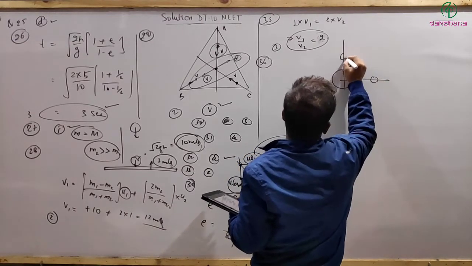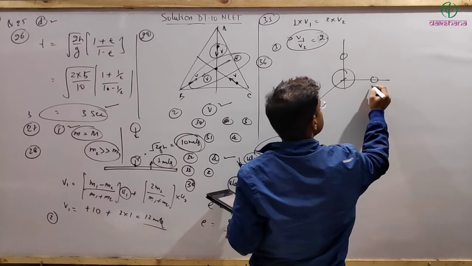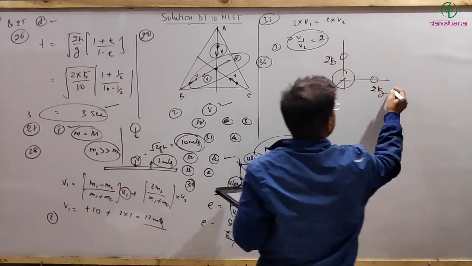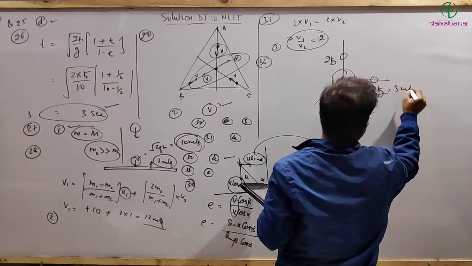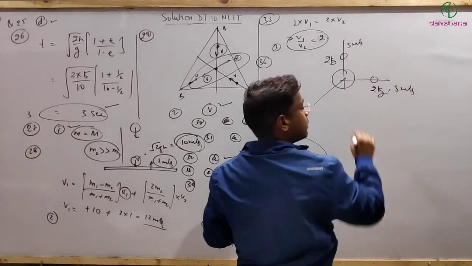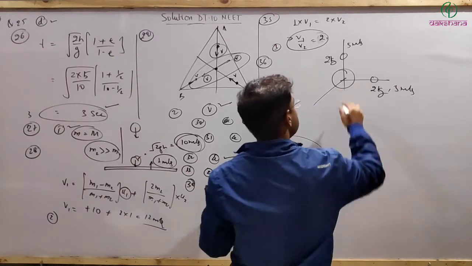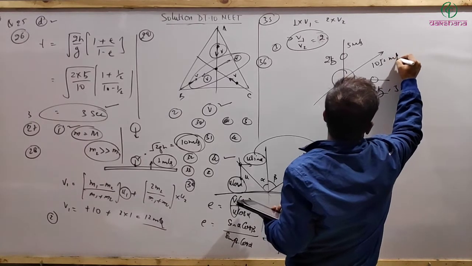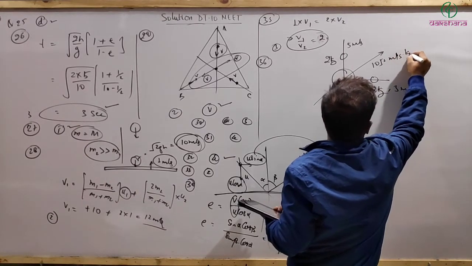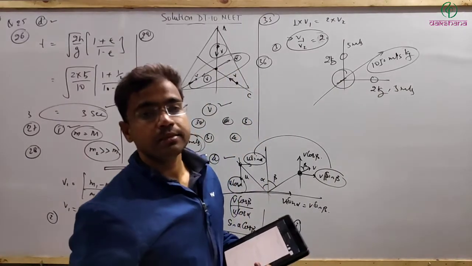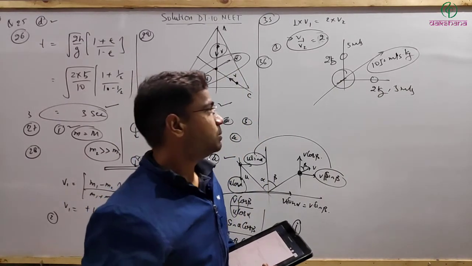exploding this. Each has mass 2 kg, velocity 5 meter per second east, 5 meter per second north. The momentum is 10 north, 10 east. The resultant momentum will be 10 root 2 meter per second into kg. This is the resultant momentum, because initially the system has momentum 0, so final momentum should be 0.